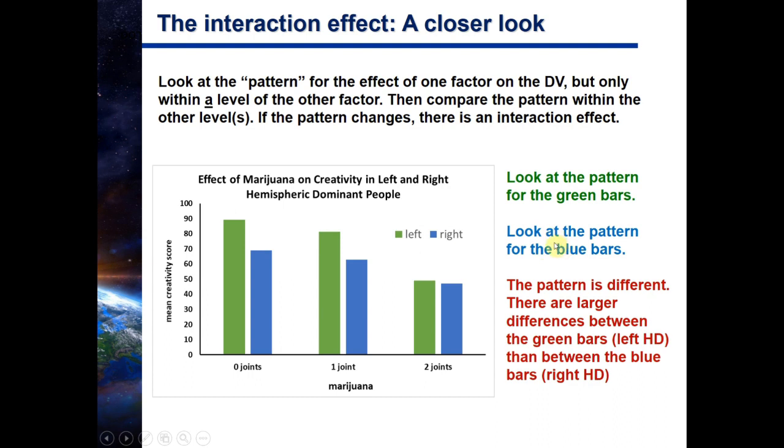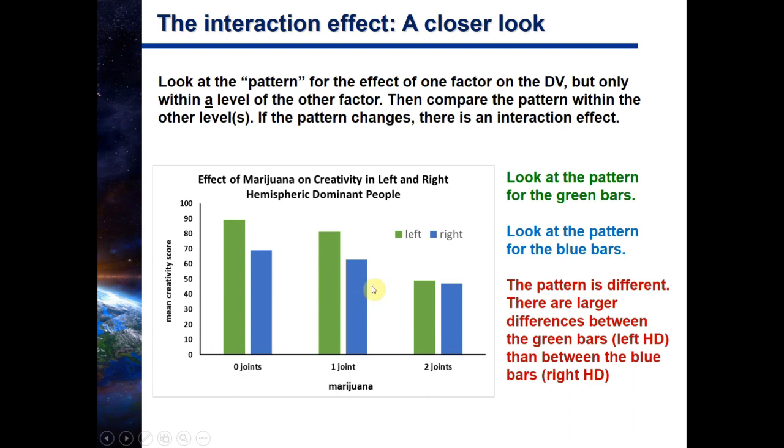Now let's look at the blue bars and see if the pattern is any different. Let's leave out the last group for a second and just look green to green: that was a little bit of a drop, and from blue to blue, a little bit of a drop. So the pattern we see with the green is about the same as the pattern we see with the blue.